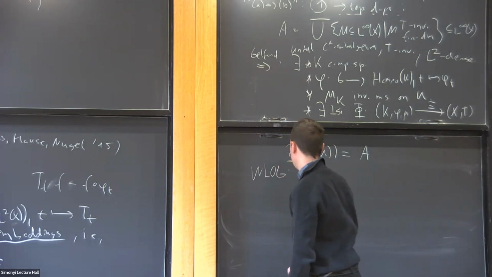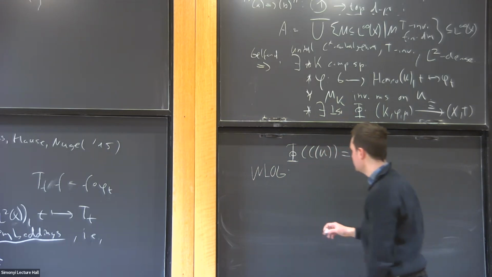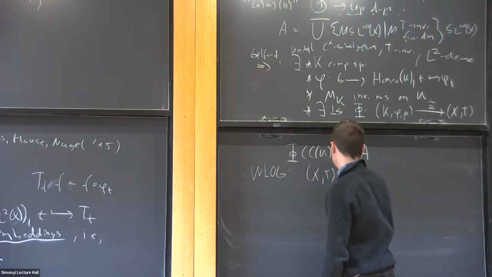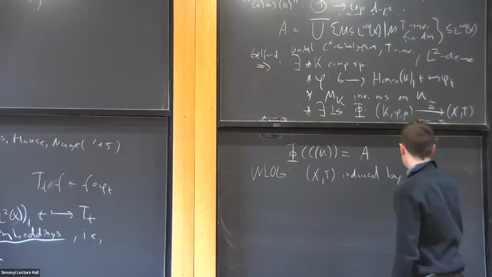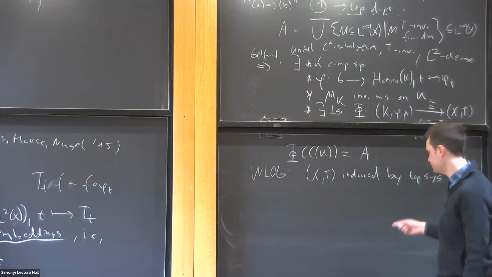So we may, in the end, assume without loss of generality by passing to the topological model that my system X, T is actually induced by a topological system, just a topological system equipped with a suitable measure.